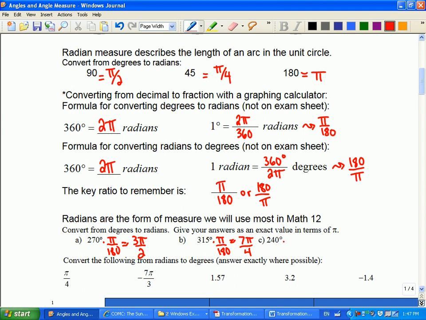Okay, and then finally, just because it seems boring, I guess we'll have to add an extra one in there. What do you think? 240 degrees in radians would be? Yeah, 4/3 pi. So 4 pi over 3.